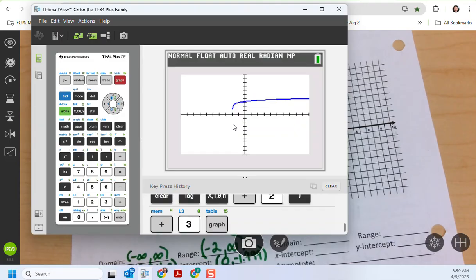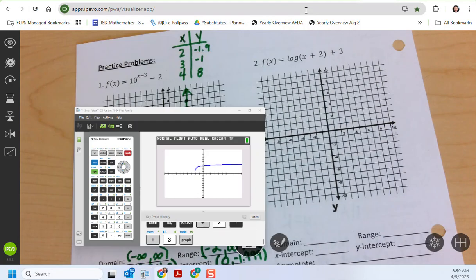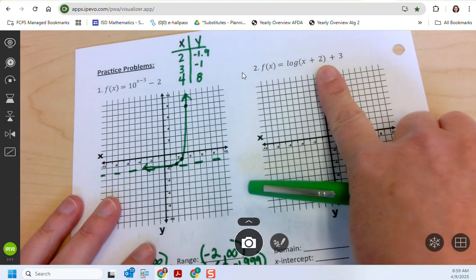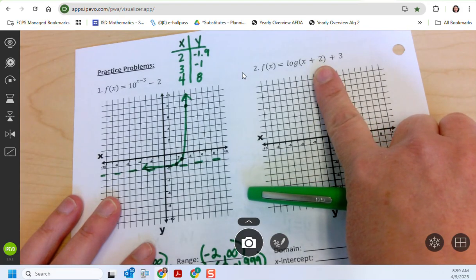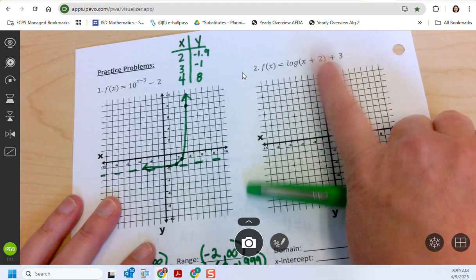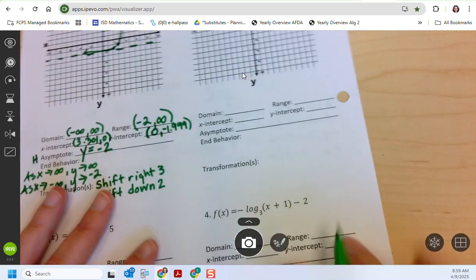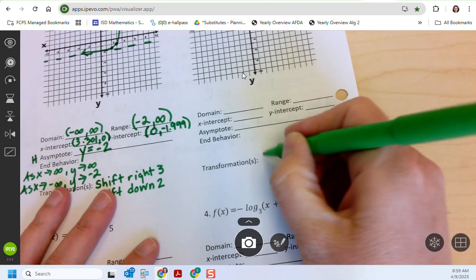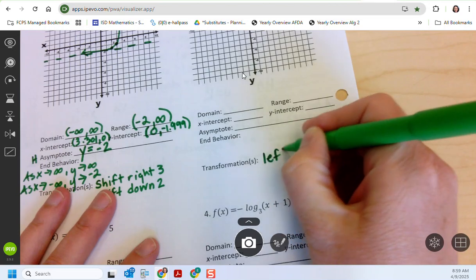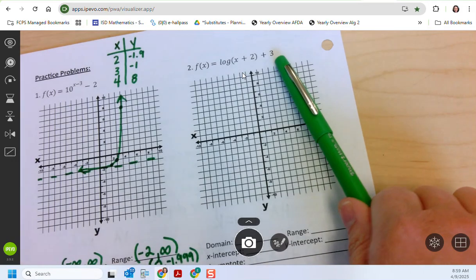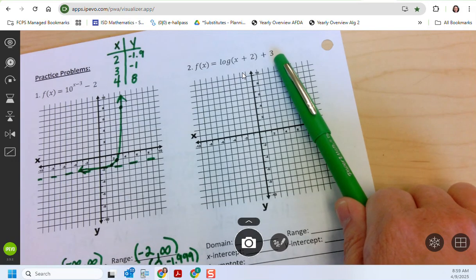All right. So let's go back and put down our transformations and our asymptote. The plus 2 shifted you which way? Is it left or right? Left, yeah. So the plus 2 is going to transform us left 2. And then the plus 3, which way? It is up, yeah.